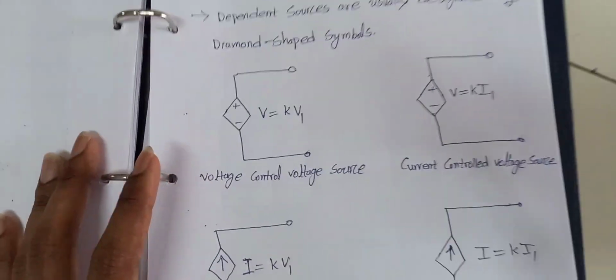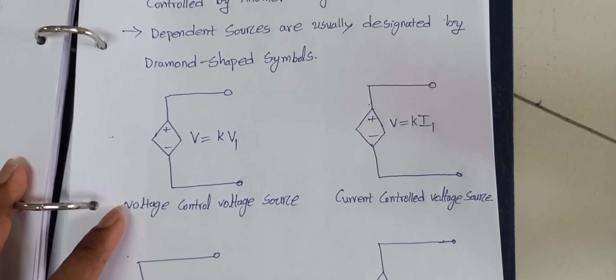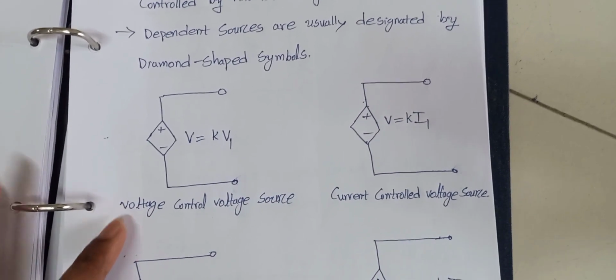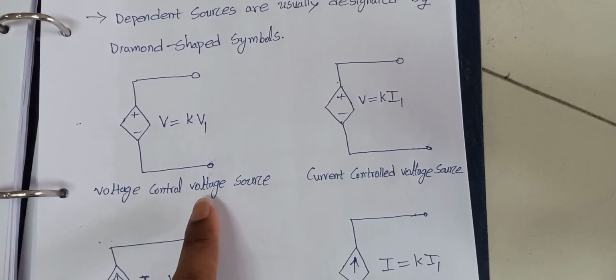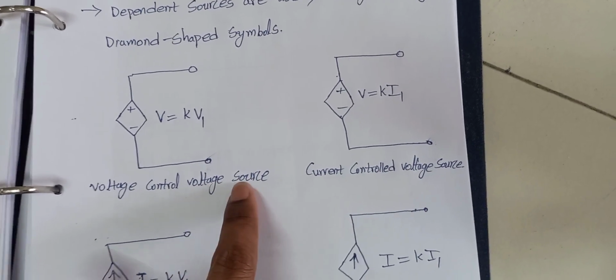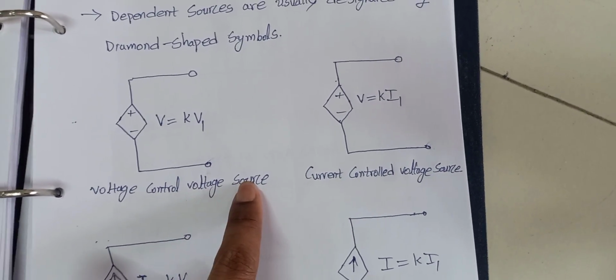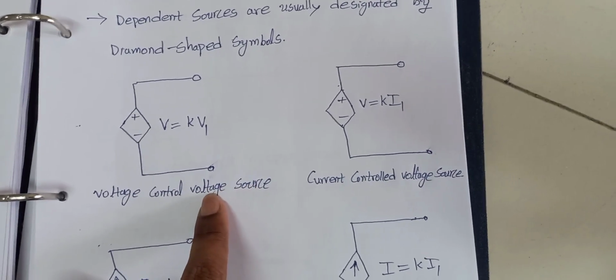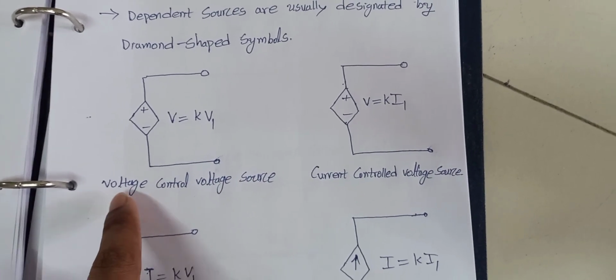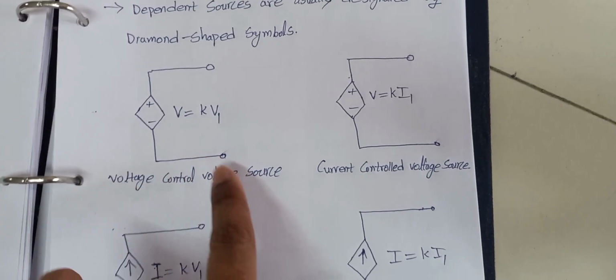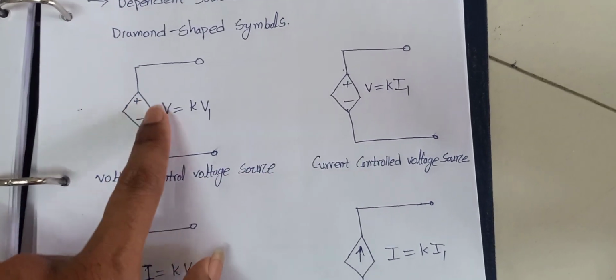Okay. This is very easy whenever you understand the logic. Voltage controlled voltage source. Here you remember the source is a voltage, and this source is controlled by a voltage. You always mention the source on the left hand side.